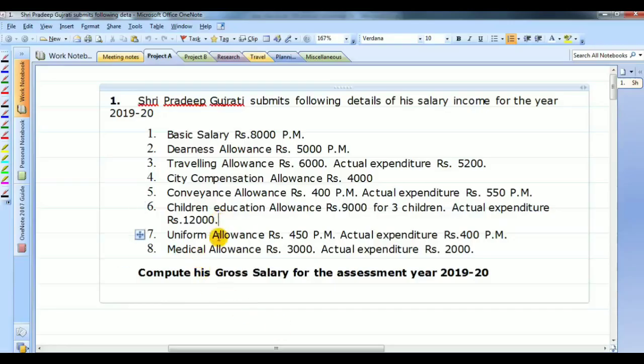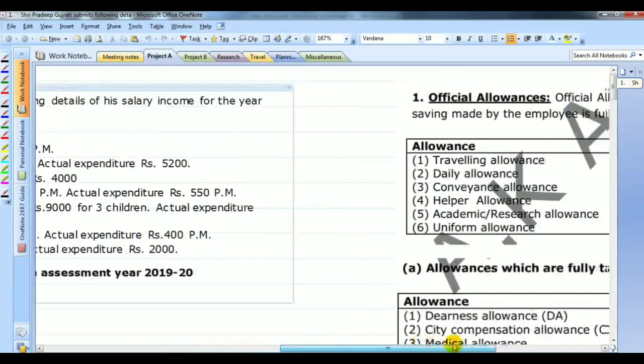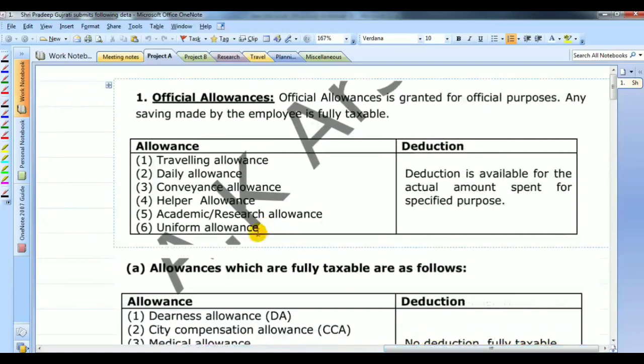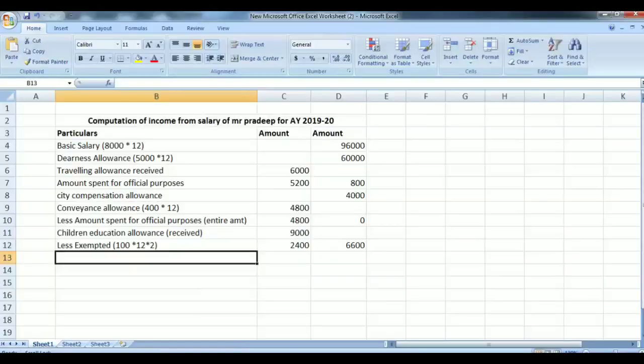The next is uniform allowance 450 and actual expenditure 400. Now let us see where the uniform allowance comes. Uniform allowance comes under the category of official allowances. So the amount spent for maintaining uniform will be allowed as deduction.